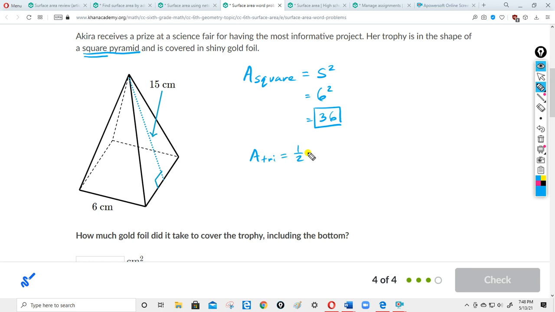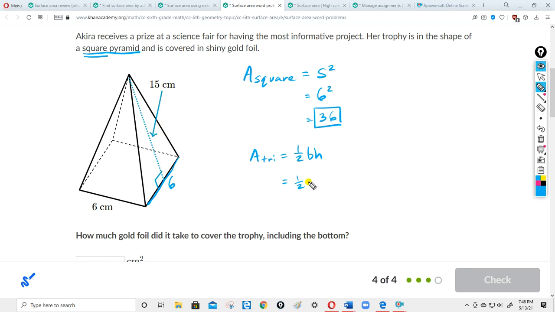Area of a triangle is 1/2 base times height. We'll look at this triangle on the right here. The base is the same as this side here because it's a square, so this base is going to be a 6. And the height is right here, that's 15. Notice it's perpendicular to the base.